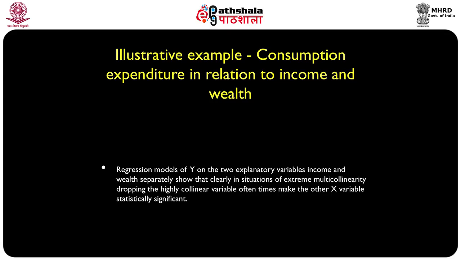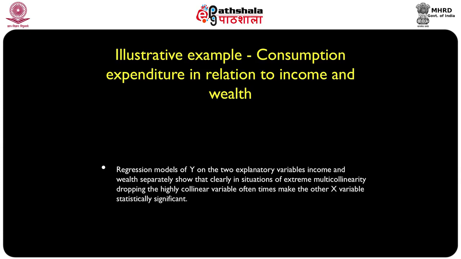Regression models of Y on the two explanatory variables income and wealth separately show that clearly in situations of extreme multicollinearity, dropping the highly collinear variables oftentimes makes the other X variables statistically significant.